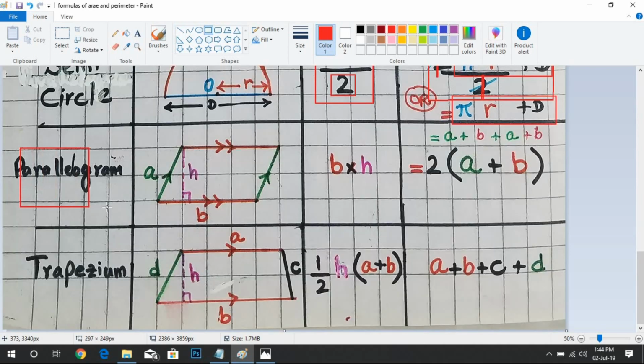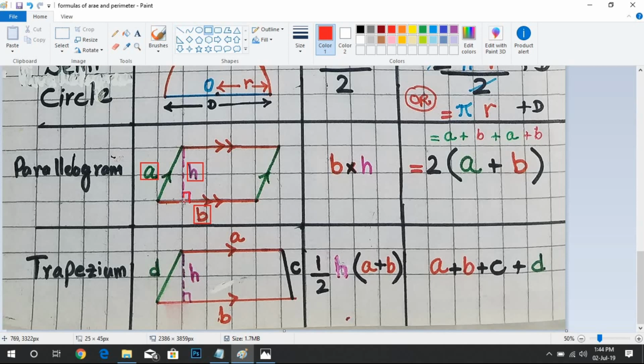Now this is the parallelogram, and these arrows indicate that these two lines are parallel and equal, and the green arrow shows that these two lines are also parallel and equal. This red line's name is B, this is also B, this is A, and this is H. H is the height, the distance between the two lines, basically the altitude.